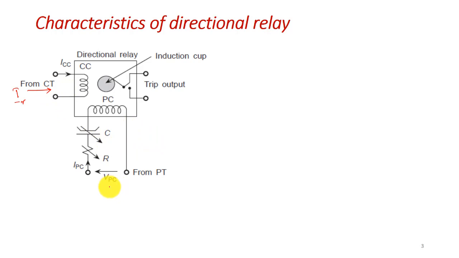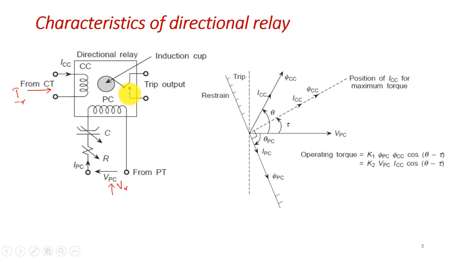And here the voltage is being fed from the relay location, that is VR. So the voltage is fed to the pressure coil, and the current is fed to the current coil. Now let us see the phasor diagram.